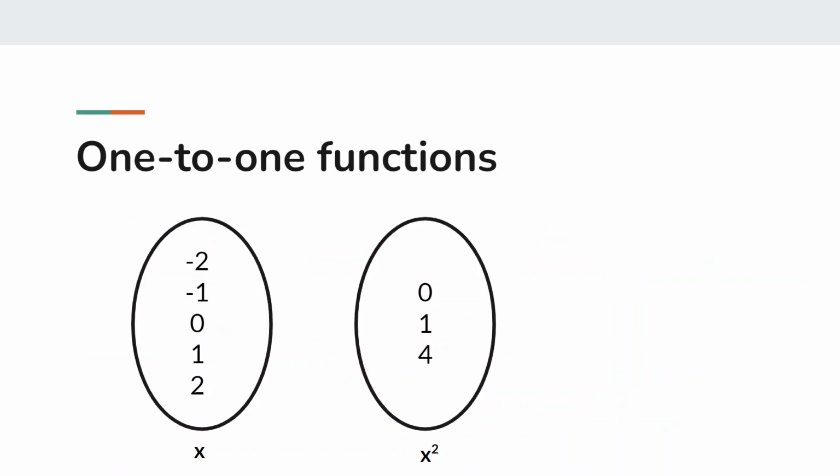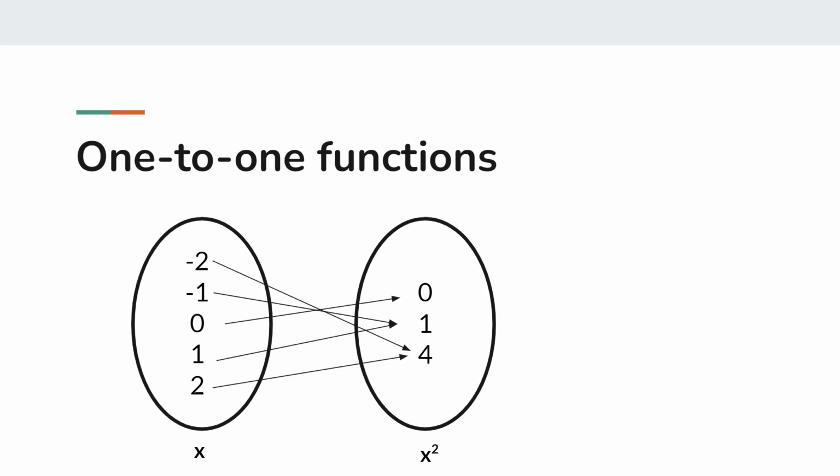Let's check if x squared is a one-to-one function. I wrote some input and output values from the function, and let's draw an arrow between corresponding input and output. And this one will look like this.